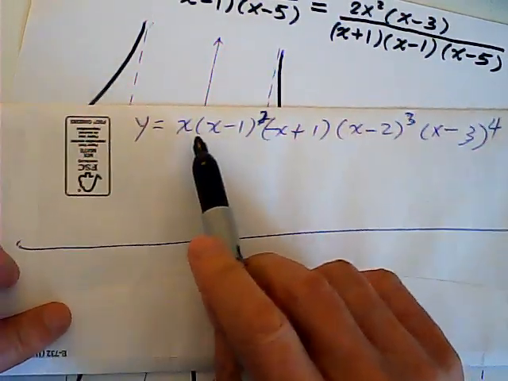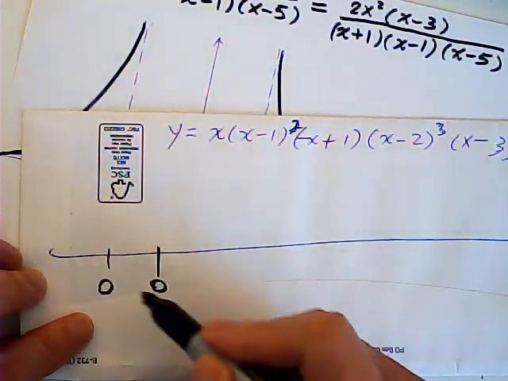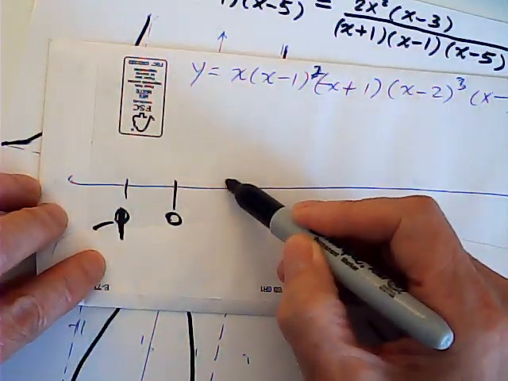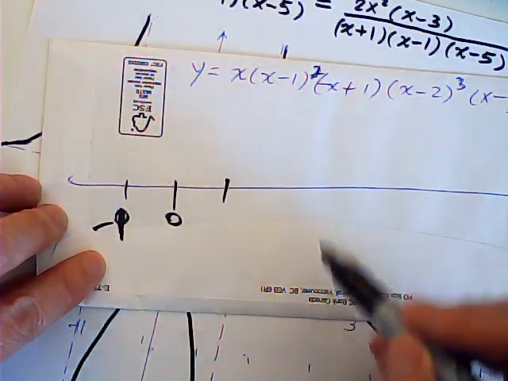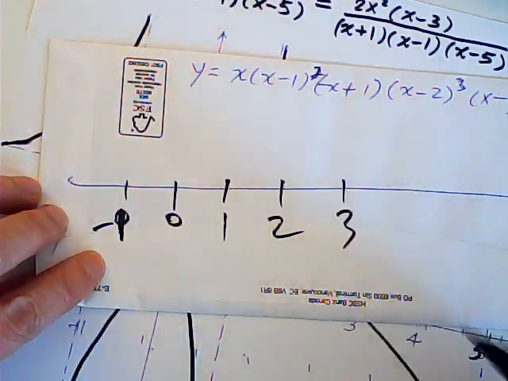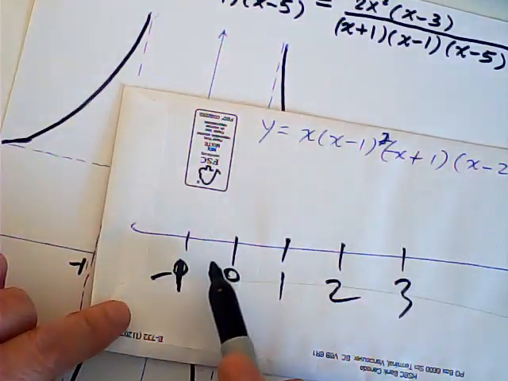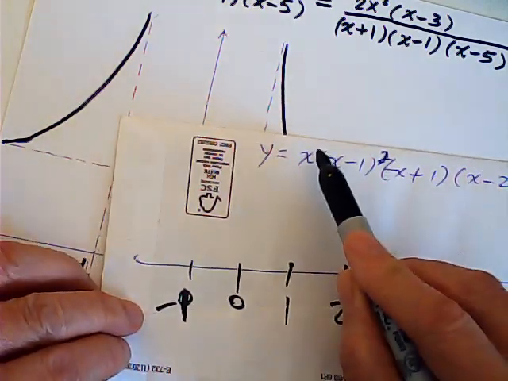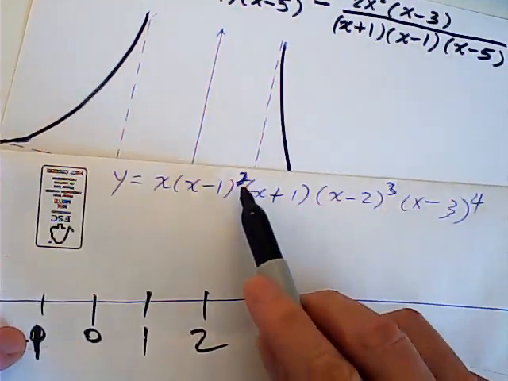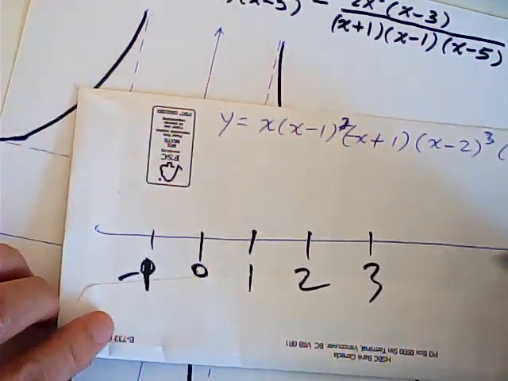We know that the function crosses 0, -1, +1, +2, +3, and so on. Now, for the curve crossing these points, if the power is odd, it simply crosses. If the power is even, it touches the point, not crossing.